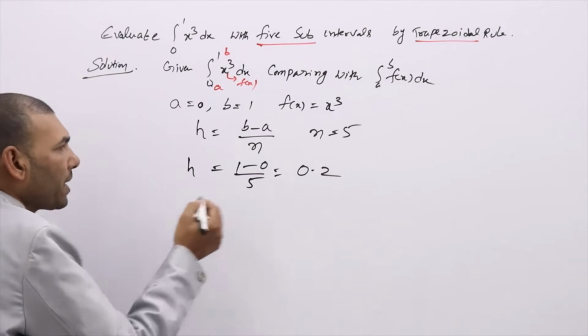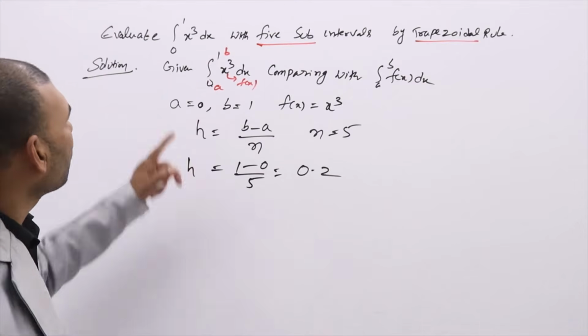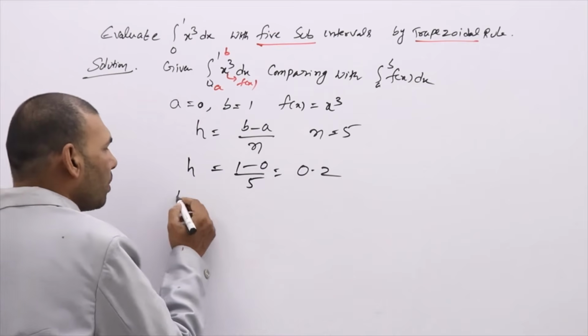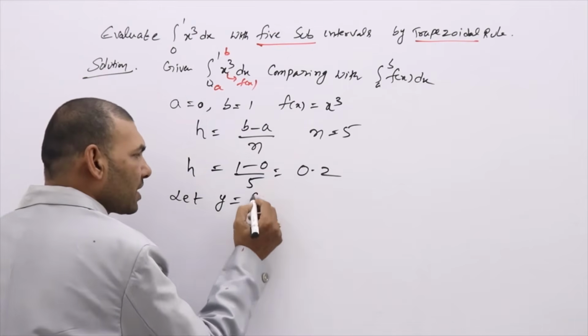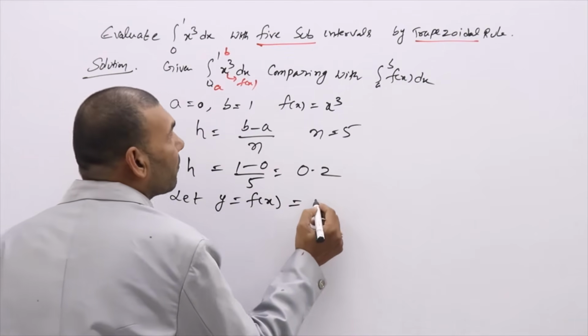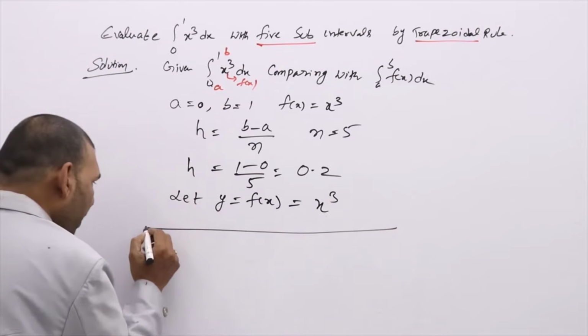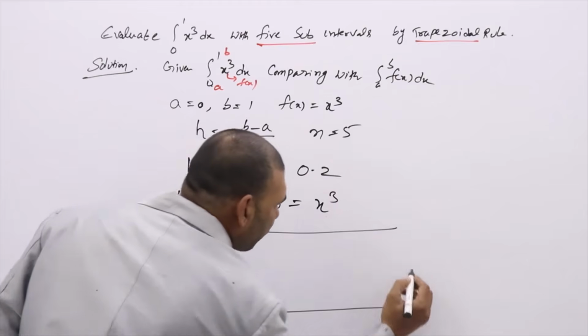Now we need to prepare a table to evaluate this. Before preparing the table, assume for every problem f of x as y. Let y equal f of x, that is x cube. Now remember this very important point to prepare the table.